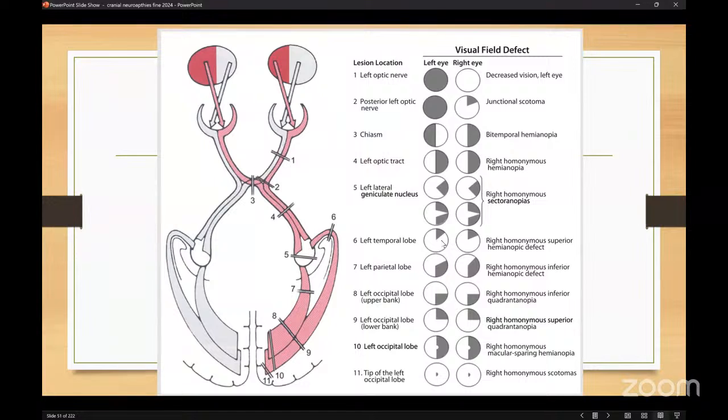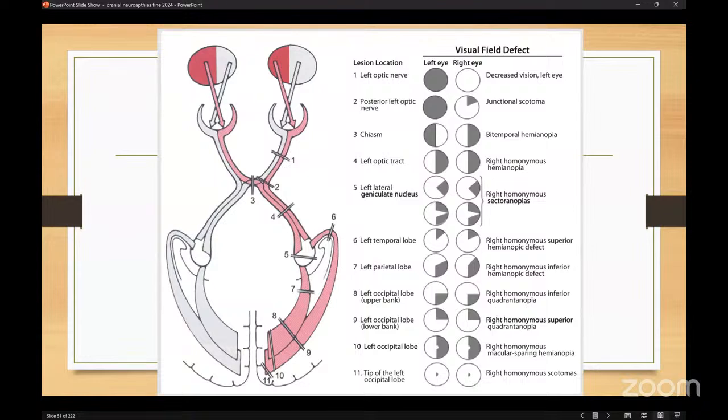In the temporal lobe, it will be a superior hemianopic defect. In the parietal lobe, it is an inferior hemianopic defect. In the left occipital lobe, the upper bank is going to give rise to inferior quadrantanopia and the lower bank is going to give rise to superior quadrantanopia. And at the tip of the occipital lobe, you can get only scotomas at the macular level.